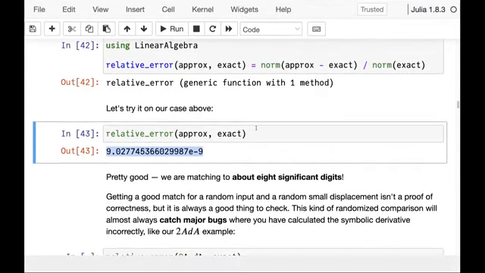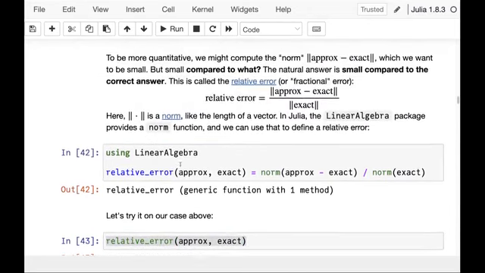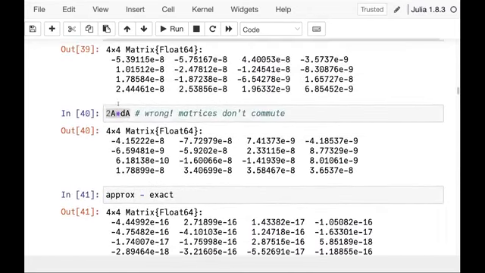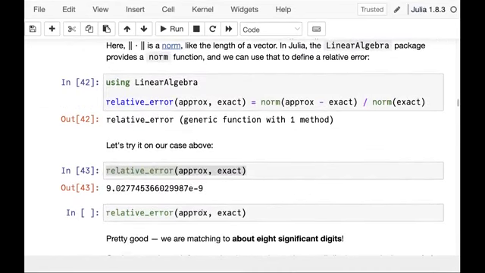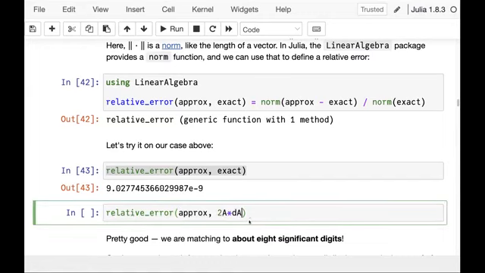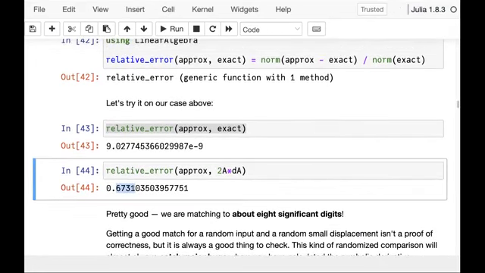As I said, let's do the relative error also for our incorrect way. If I use 2ADA as my exact formula, as if I'd done my derivative incorrectly, suppose I thought my exact formula was 2ADA, then I'd get a relative error of 0.6, of order 1.